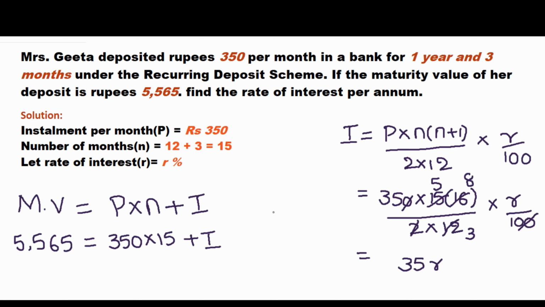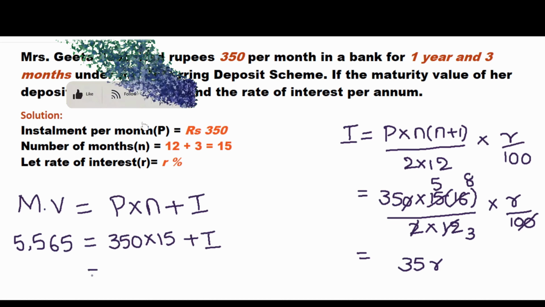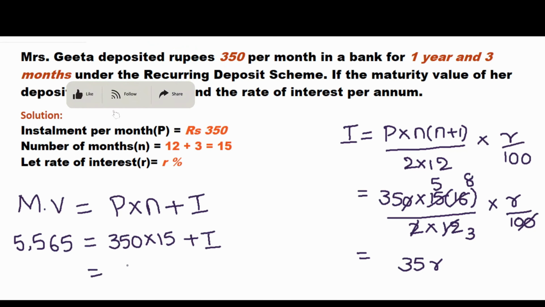So let me bring this R value into the main equation. So I get 350 into 15. 350 into 15, I'm going to get 5,250 plus I value, I know it is 35R.